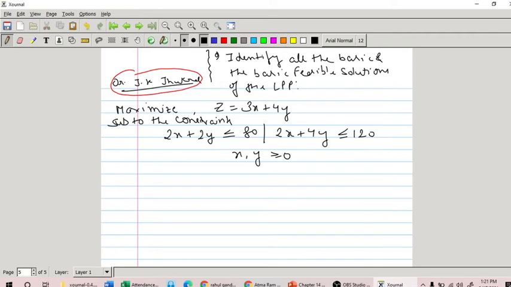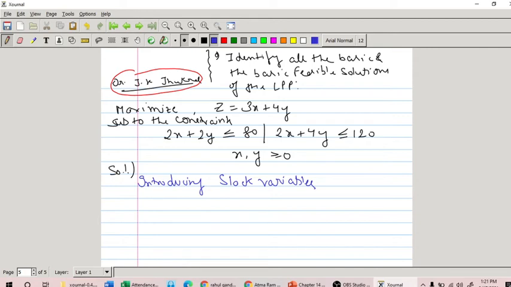Now, what we do? We will go by all these 4 concepts which we have studied a few minutes ago. So, first step, we will transform this inequality into equality. The solution will go by this. So, we will introduce slack variables. We will find that these are less than or equal to constraints.